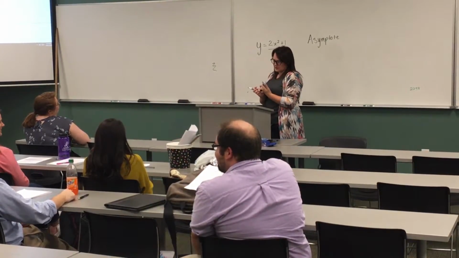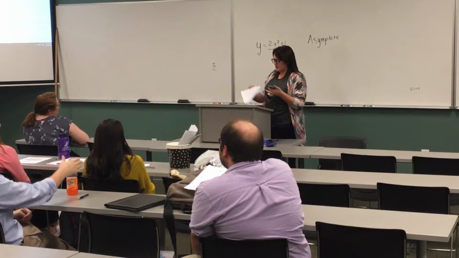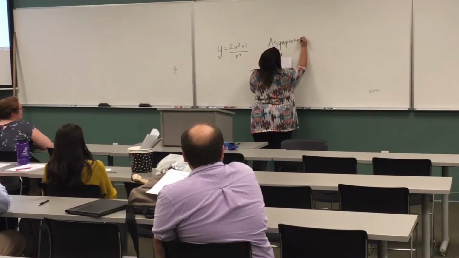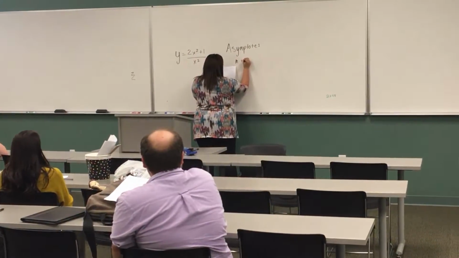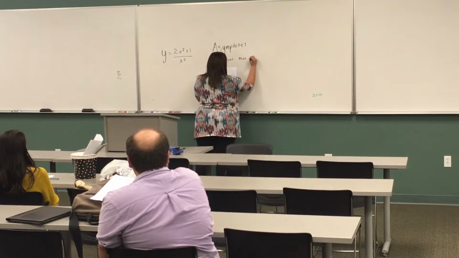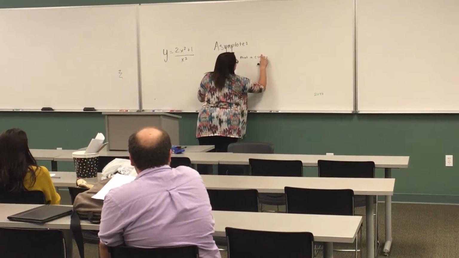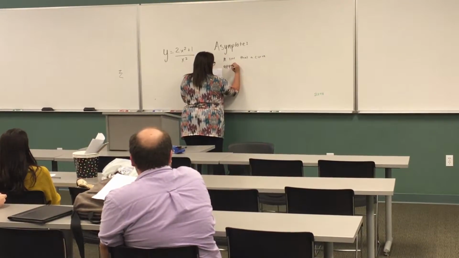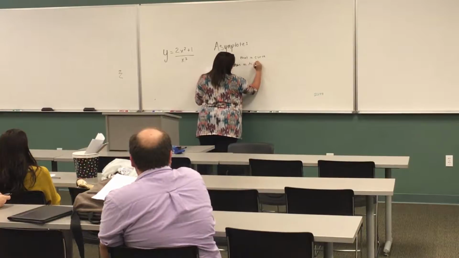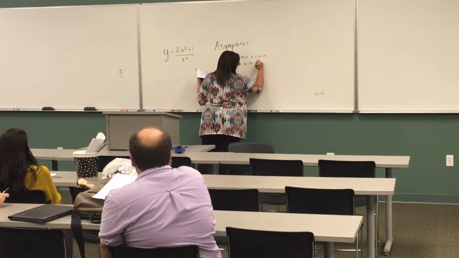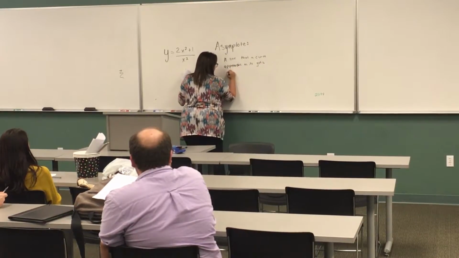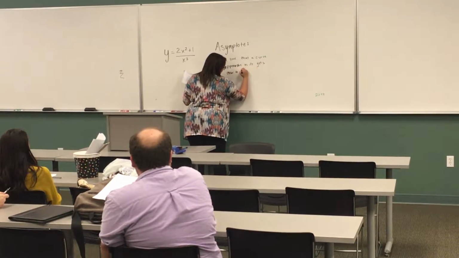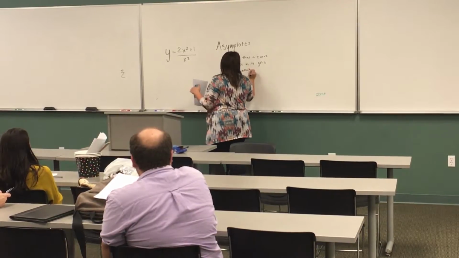So the definition of an asymptote is a line that a curve approaches as it gets closer to infinity. Okay, so that's our definition of an asymptote.